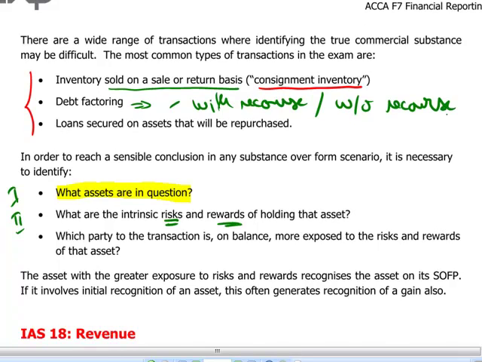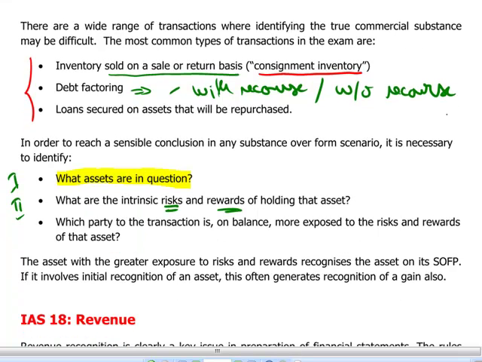So again, it comes back to three questions. What are the assets? What are the risks and rewards associated with holding the asset? And which is the party who bears most of these risks? Okay?